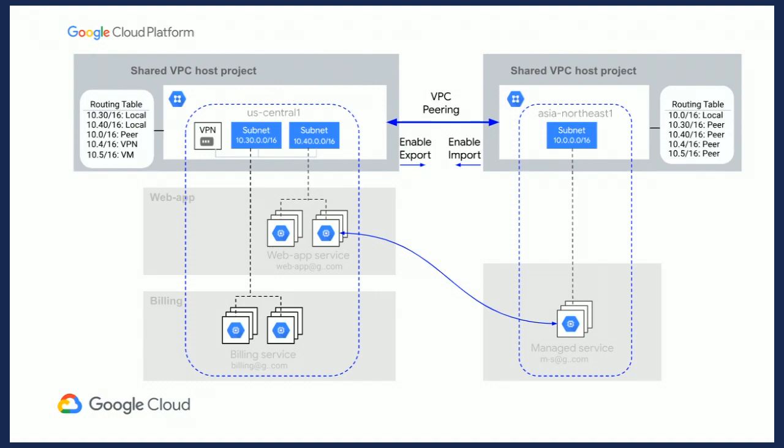With custom route exchange, you can now enable export on the consumer VPC, enable import on the producer VPC, and the routing table in the producer VPC is now able to see the two custom routes that have been added in the consumer.